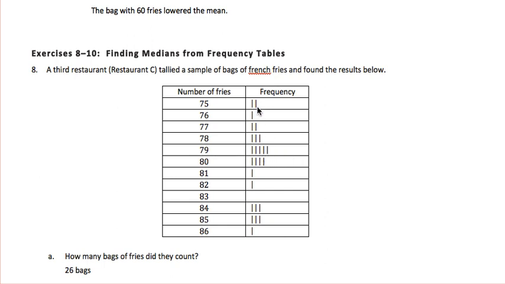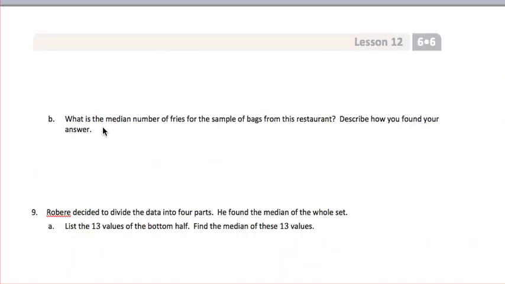So there are 13 lower than that value and 13 higher than that value. So in between 79 and 80 would be 79.5. So our median for this set is 79.5. Which is halfway between the data values.